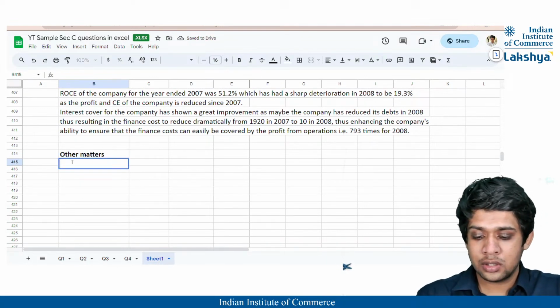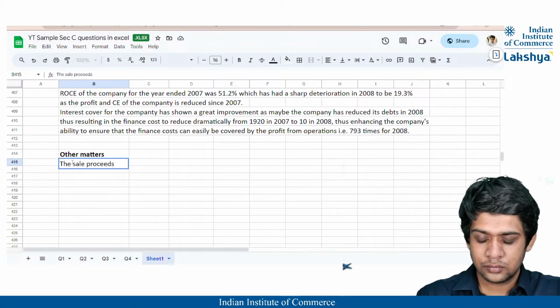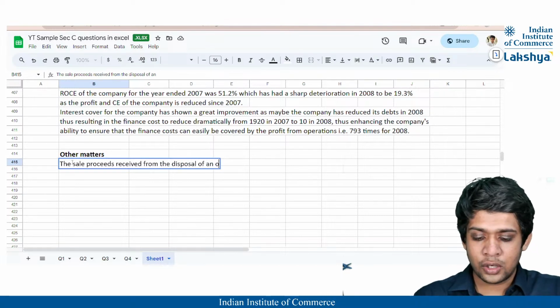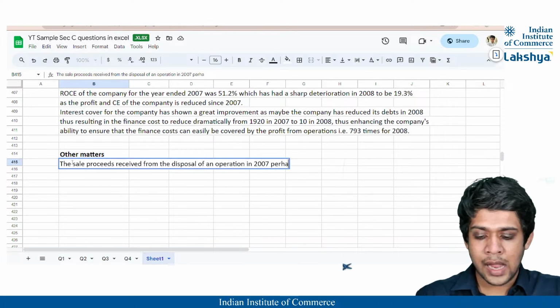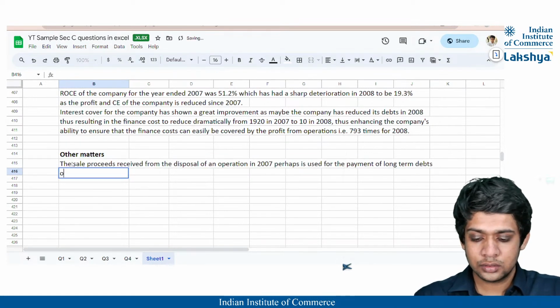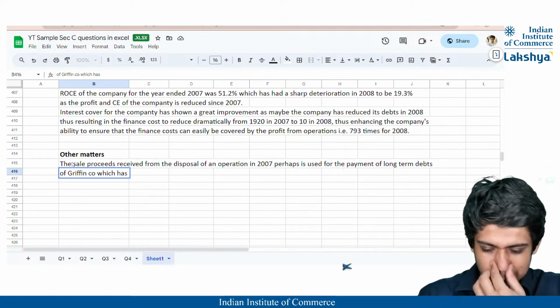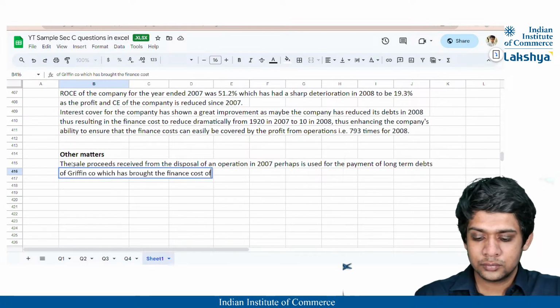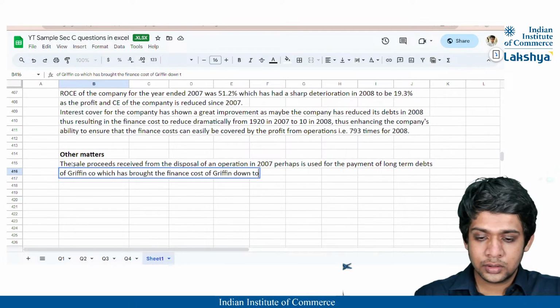Like you can say here, the sale proceeds received from the disposal of an operation in 2007 perhaps is used for the payment of long-term debts of Griffin Company, which has brought the finance cost of Griffin Company down to 10,000 from 1920.